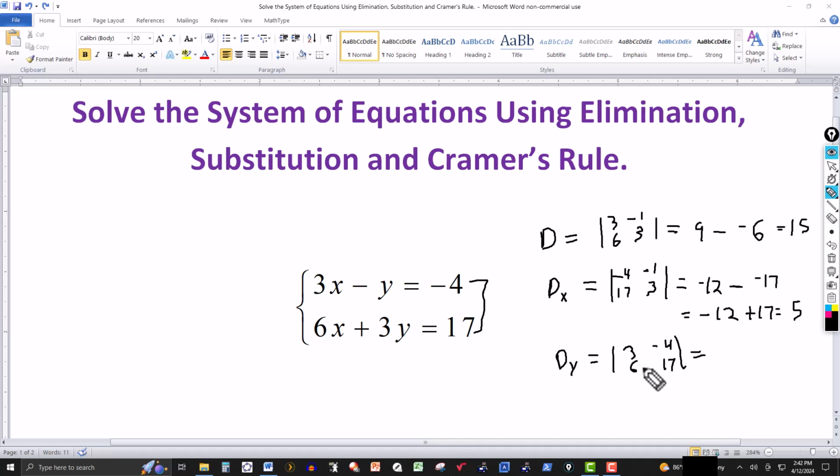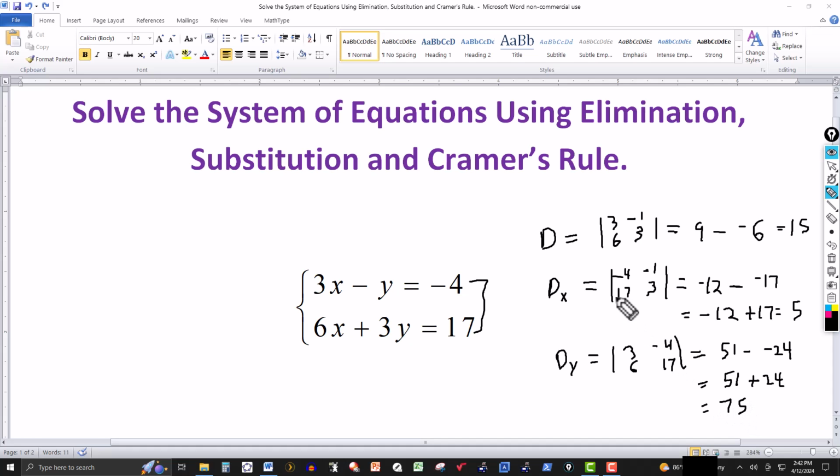Cross multiply here. 3 times 17 is 51. And then it's minus the product the other way. That's -24. So 51, double negative makes it a plus 24. So the value of D sub y is 75.